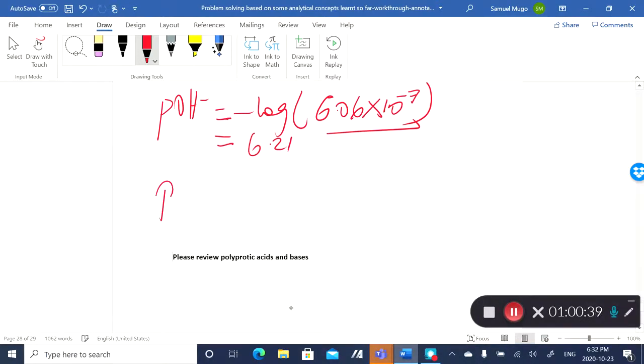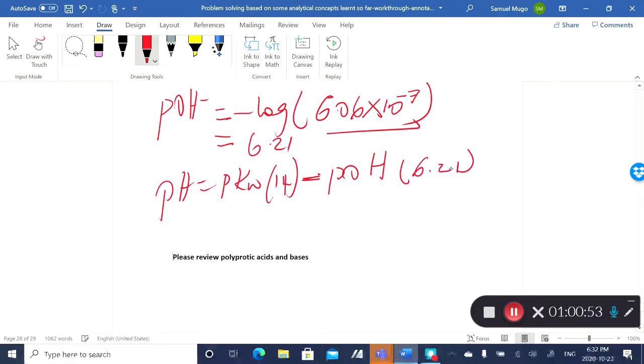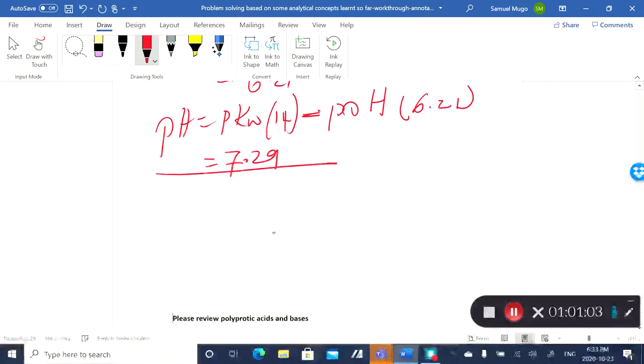And so the pH then equals pKw, which is 14 really, minus the pOH. And the pOH, I've just said, is 6.21. And so the answer that you get then is 7.29. And so that's the pH at the equivalence point.